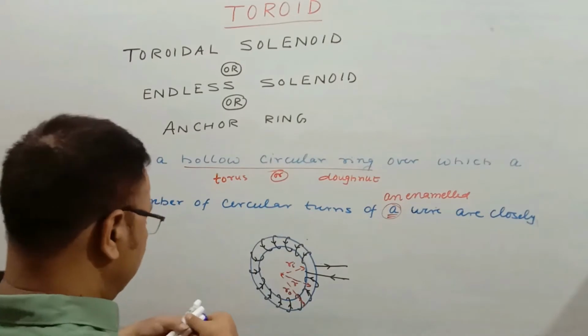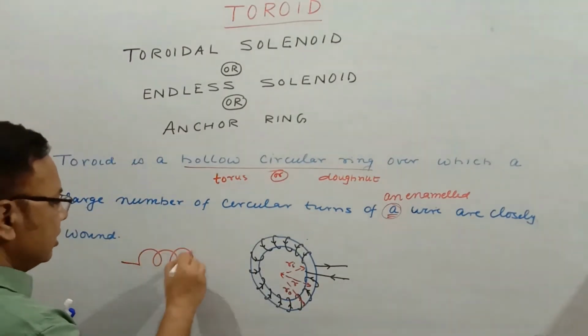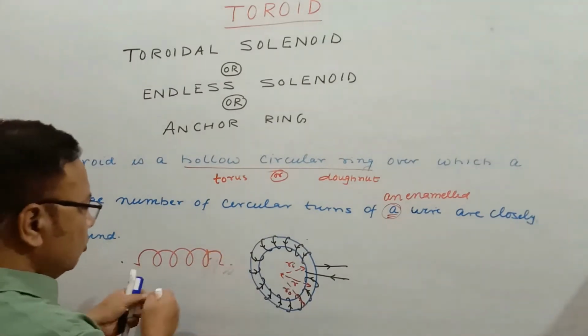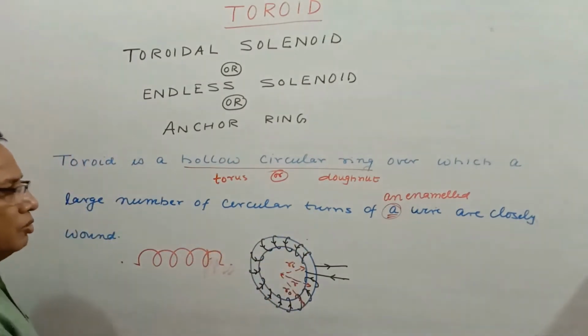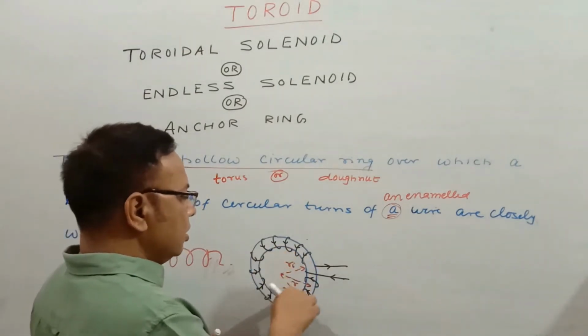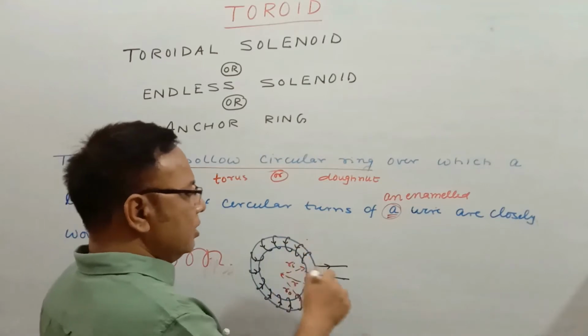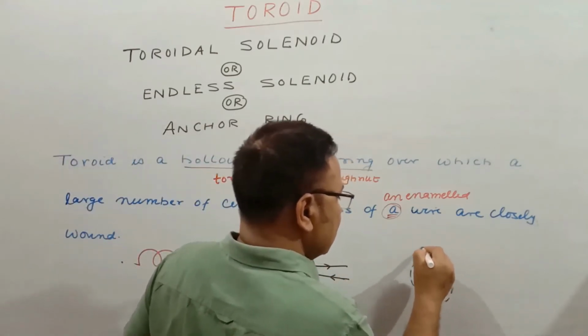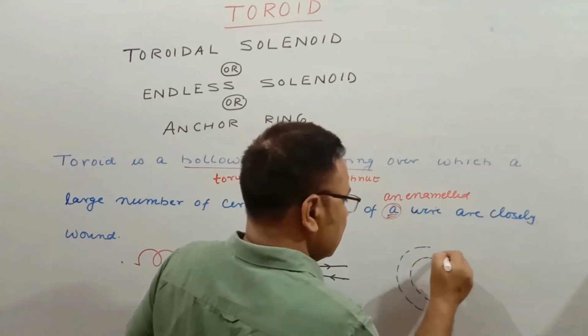When a solenoid is somewhat like this, and if you join the two ends, you are going to see the same thing that you get in a toroid. So that is what we have. We are going to see the cross-sectional view of it. Suppose this is the inner core and this is the outer end. So we are going to draw somewhat like this, inner one, and this is the outer one.